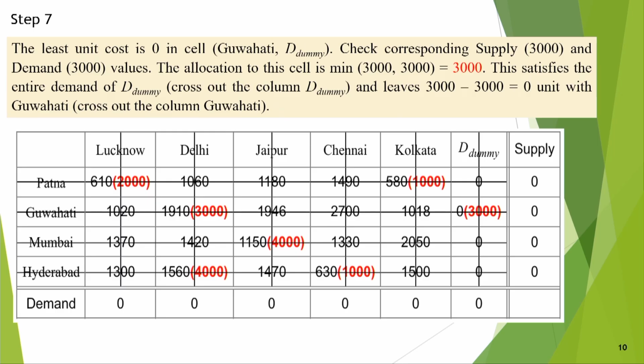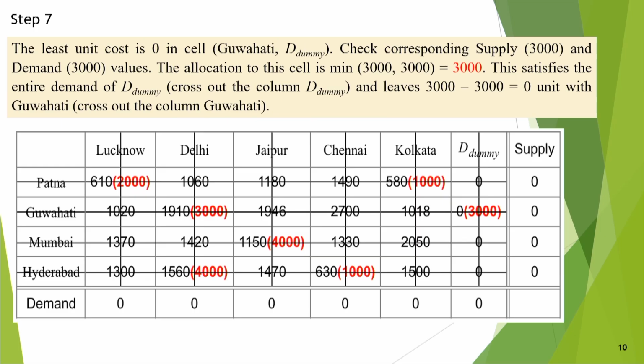Allocation has been made, but you see how many cells are filled. This is 1, 2, 3, 4, 5, 6, 7, only 7, but we need 9. So that means in two cells we may have to give some zero or epsilon, a very small number, something like basically 0.